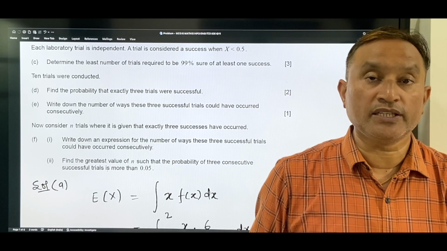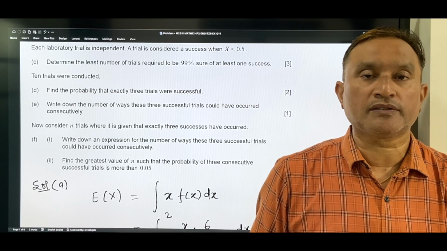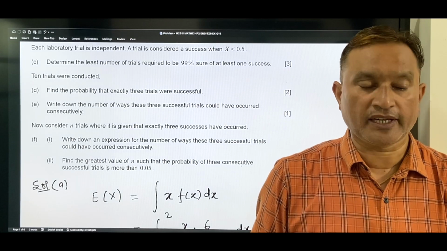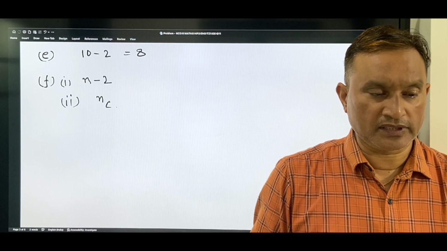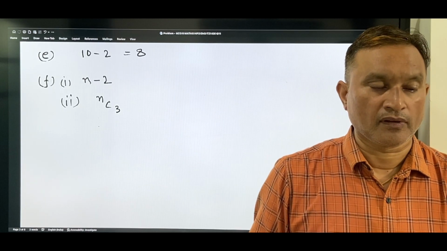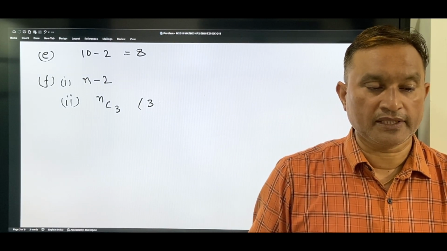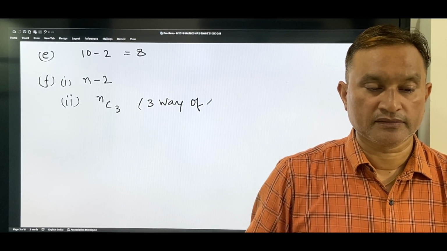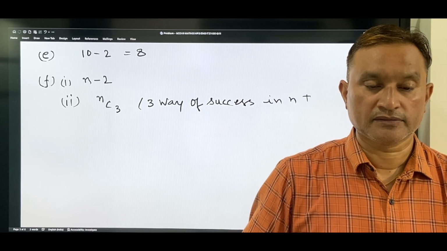Find the greatest value of n such that the probability of 3 consecutive successful trials is more than 0.05. So 3 successful trials, nC3, and 3 ways of success in n trials.